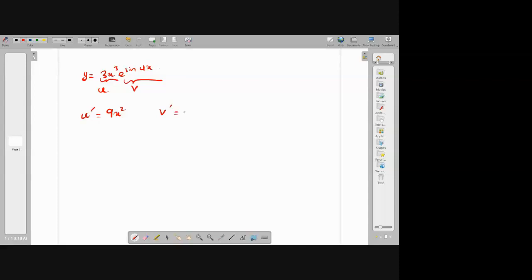And what is v prime? We have a composite function, exponent of sine 4x.